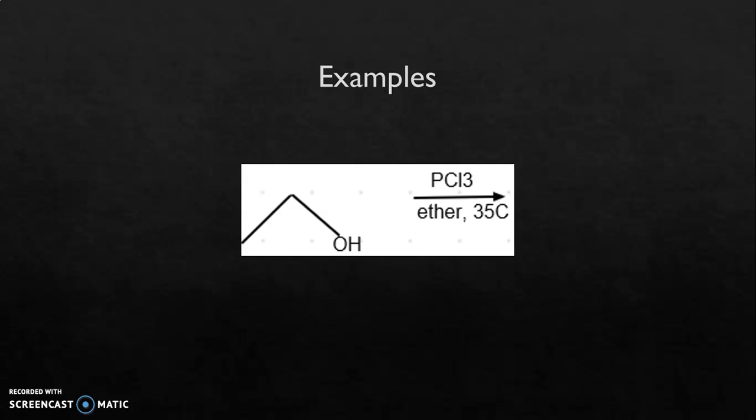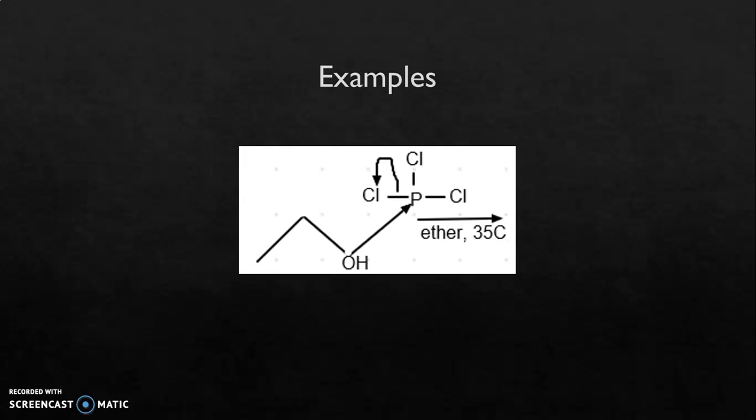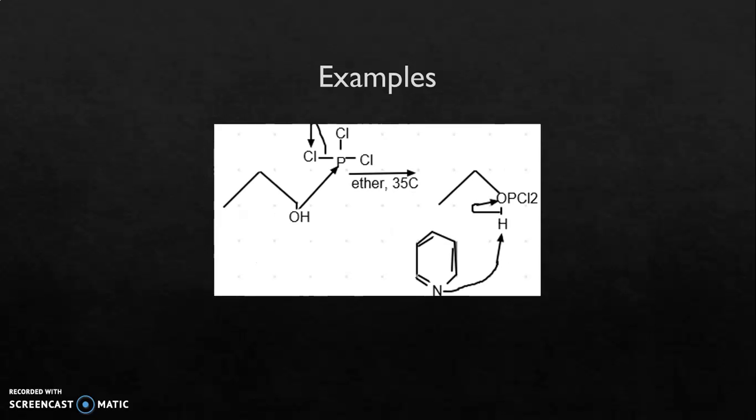Again, I rewrote the reagent here, but just as in the other reaction mechanisms we went over, the oxygen is going to reach out for the P there and kick off a chlorine into solution. So again, we have a better leaving group, and the Cl- is going to come in and replace what the alcohol group has become.